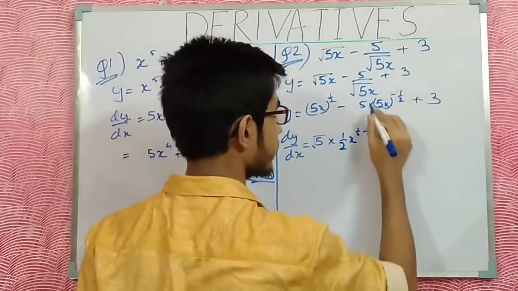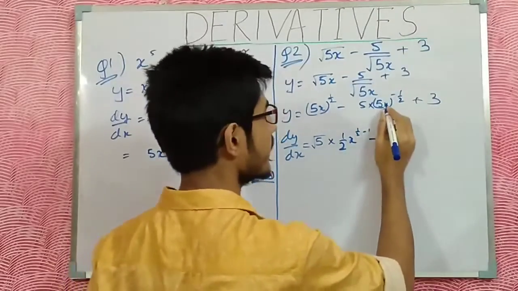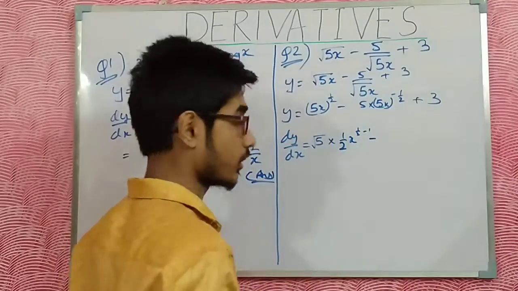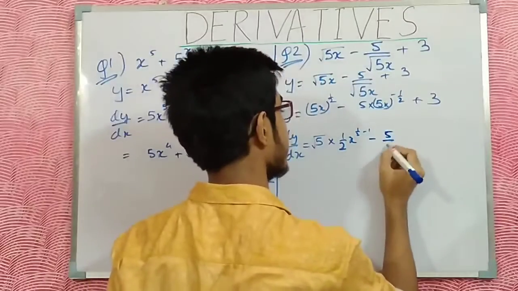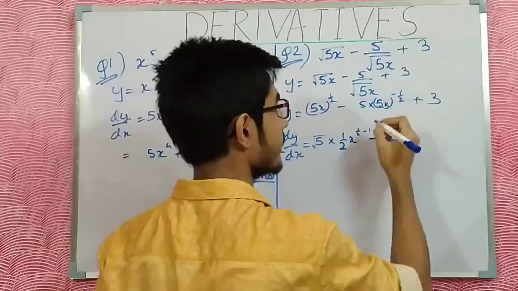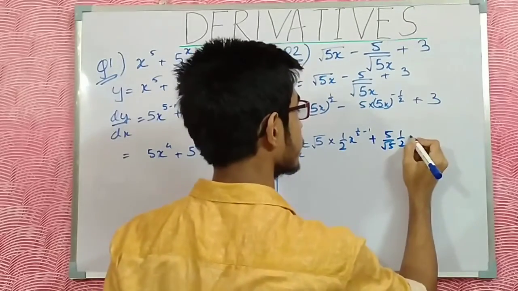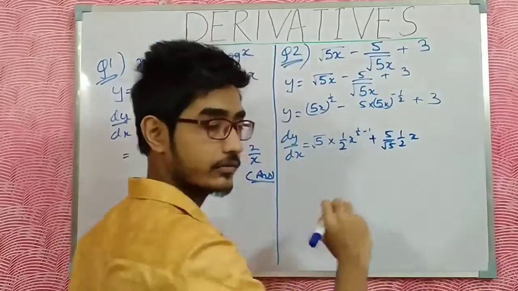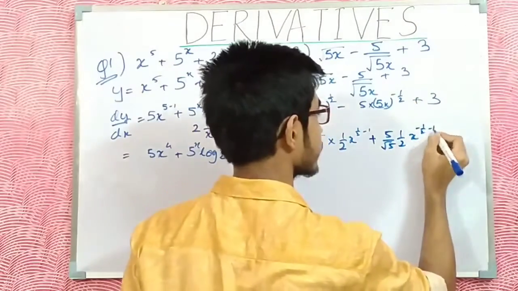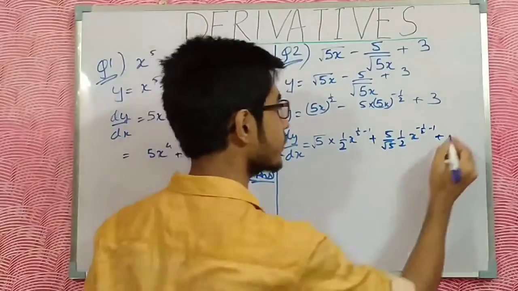Then minus 5 will be outside as it is constant, and 1 by root over 5 is also a constant, so it will be outside. So 5 by root over 5 will be outside, and here the minus half will come outside, so it will be plus, and it will be half into x to the power minus half minus 1, and 3 is constant, so its differentiation will be 0.